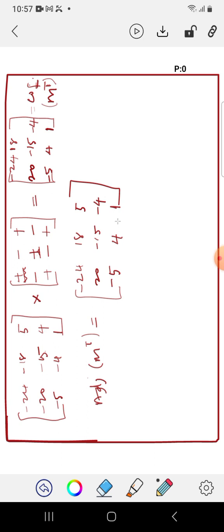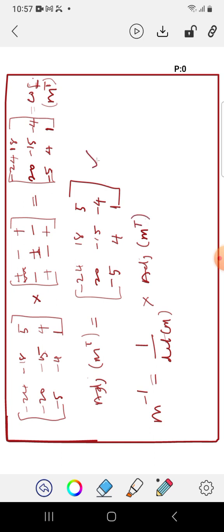So to get the inverse, m inverse now is going to be the inverse of the determinant of m times the adjugate of m transpose. So we have found m transpose.